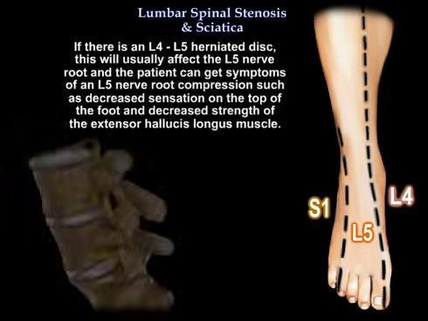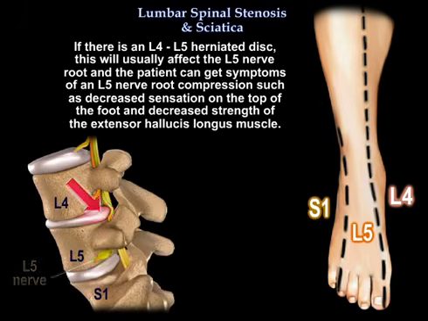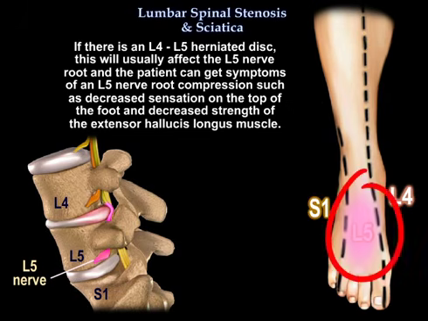So if it is an L4-L5 herniated disc, it usually affects the L5 nerve root, and you can get symptoms of L5 nerve root involvement, such as decreased sensation on the top of the foot and decreased strength of the extensor hallucis longus.